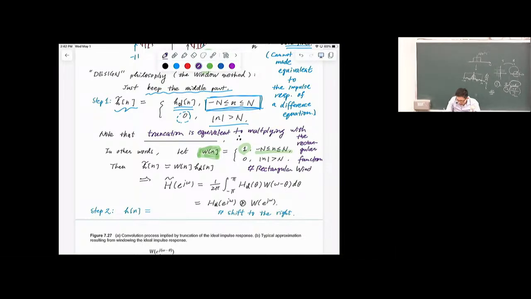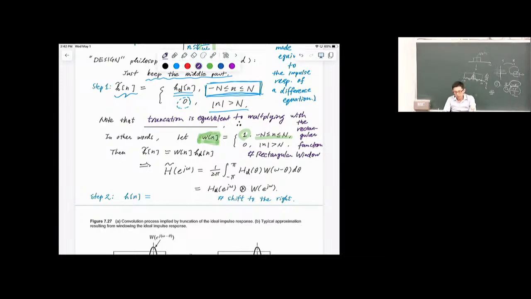Our design involves multiplying the desired response with the window function. The advantage is that after multiplication, the length suddenly becomes finite, because we abandon everything outside. So by concentrating on the middle part, this becomes a finite impulse response.